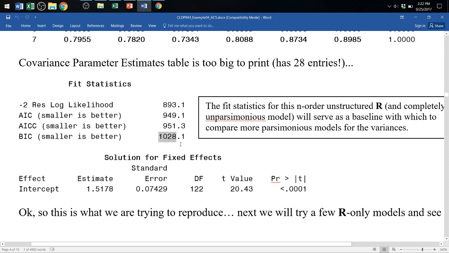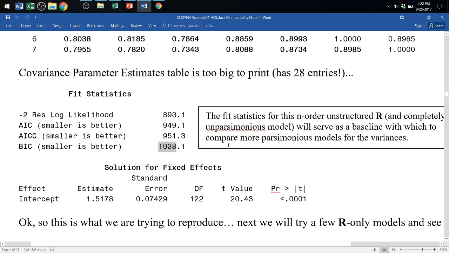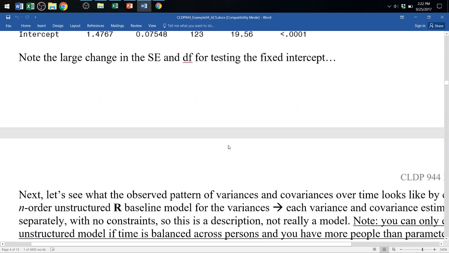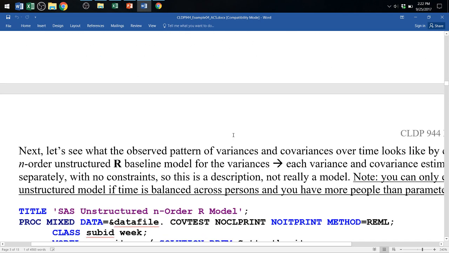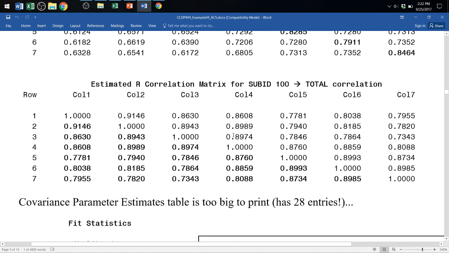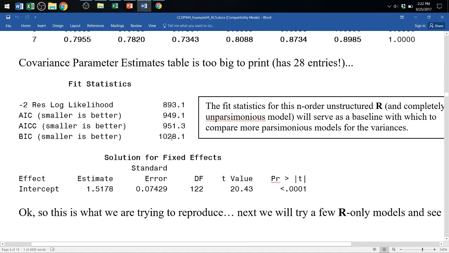For instance, this model that is the best model ever, BIC is 1028, whereas the 2-parameter compound symmetry model, it's 1059. Well, BIC is still smaller for unstructured, but not by nearly as big a margin. BIC and AIC adjust for the number of parameters. So BIC in particular, because it's number of parameters and sample size, it really has to get better before BIC is happier with it.